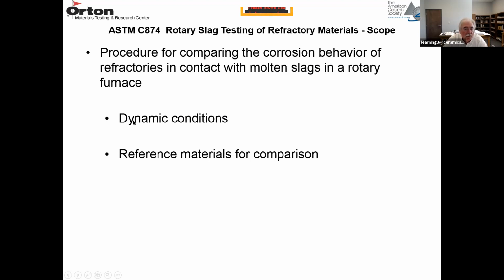The furnace is rotating, the slag is moving over the refractory surface, and you're replenishing the slag throughout the experiment. So it's a dynamic test, simulates real conditions better than a static test. And in this test, you always want to have a reference material for comparison.